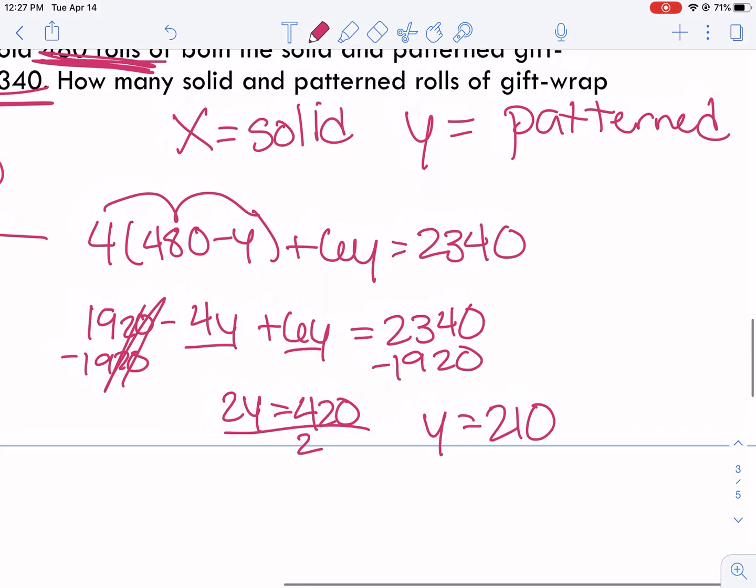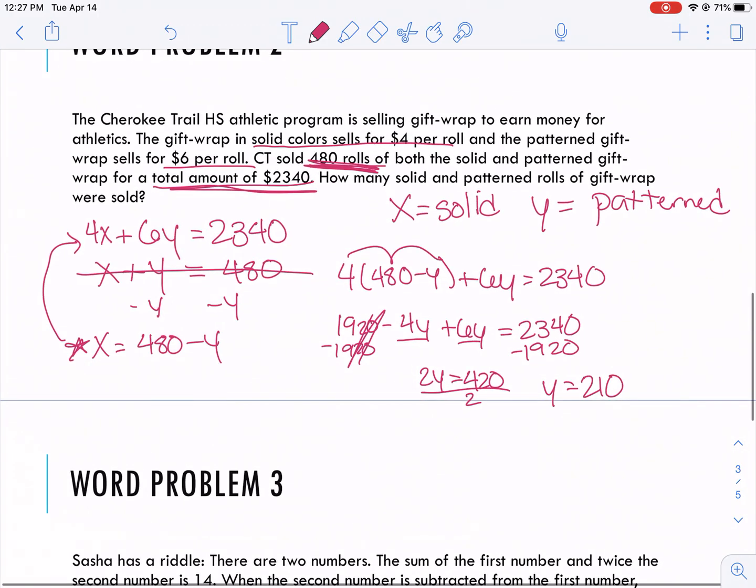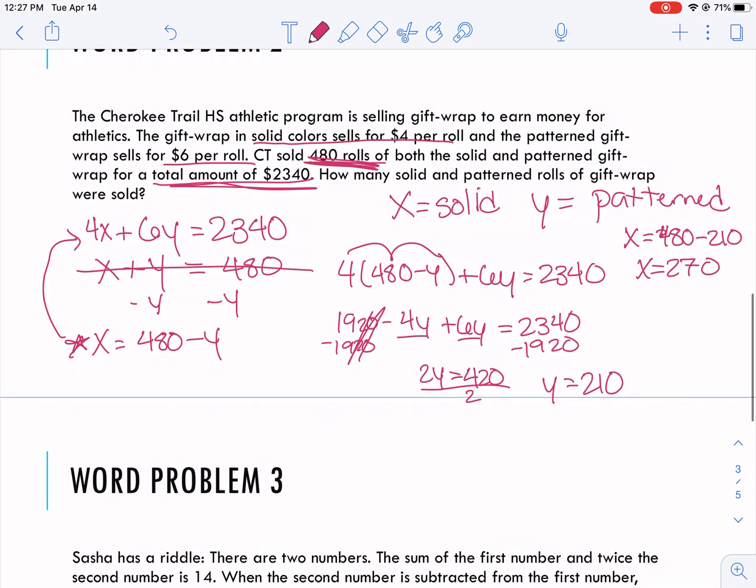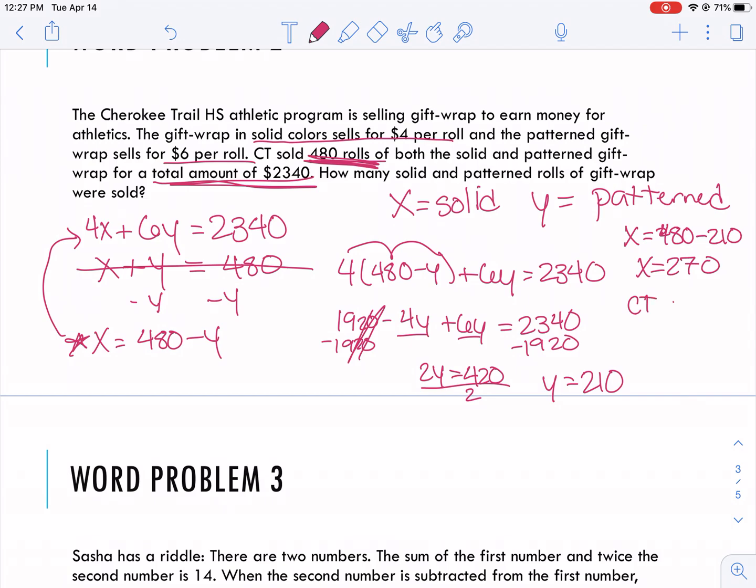So they sold 210 patterned. And then now to find x, we're going to do 480 minus the 210. So x equals 270. So CT sold 270 solid and 210 patterned. There we go.